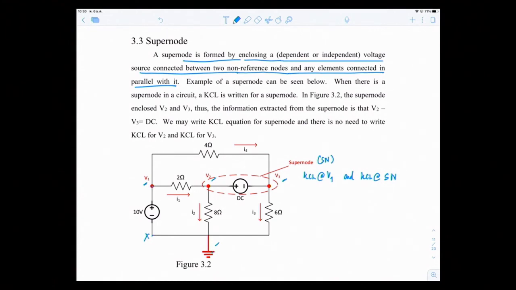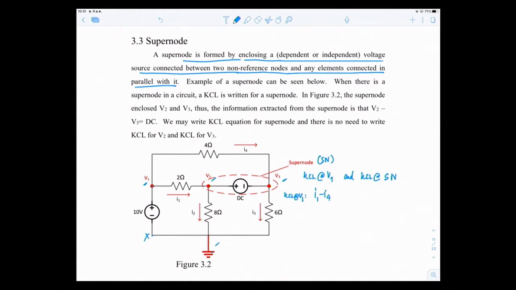So if I write down KCL at V1, I have all the currents flowing, and I'll change them to node voltages right away. KCL at V1 would be I1 minus I4.